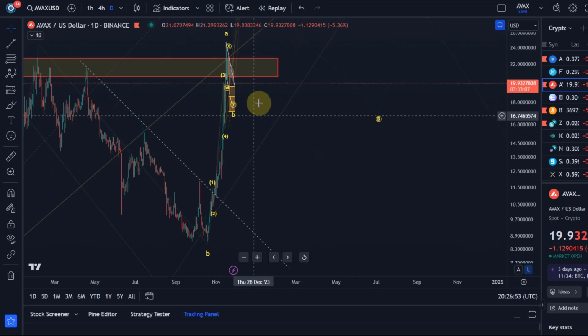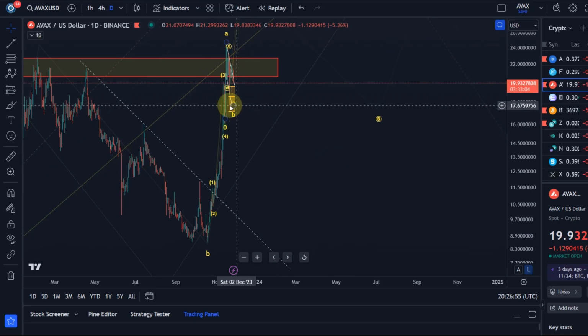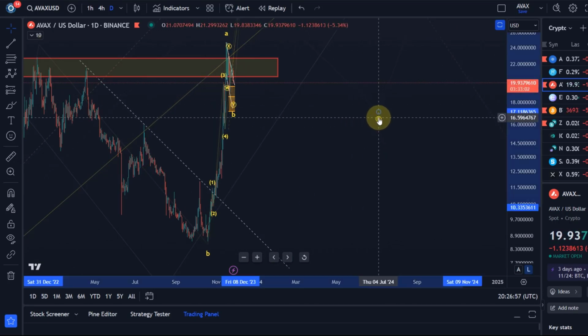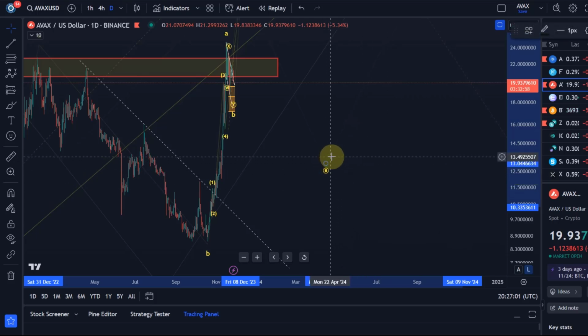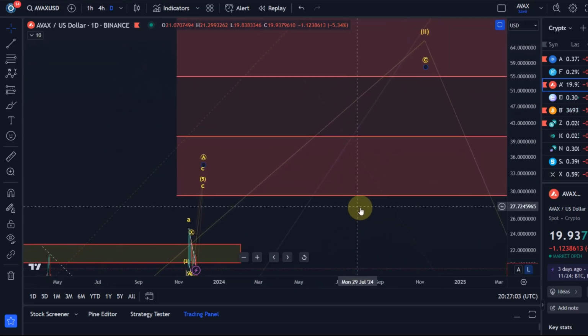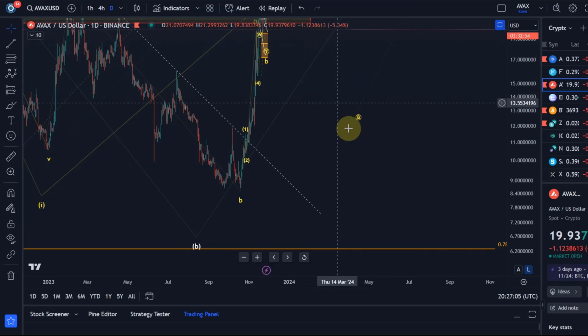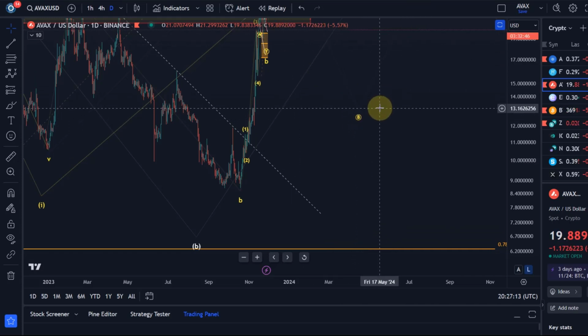If the micro support levels that I shared with you break, then I think we have to understand that we are most likely at least in a B wave. And if the move down is then corrective, and I will put another support area on the chart once we see that as likely, then we can watch for a C wave rally after that.